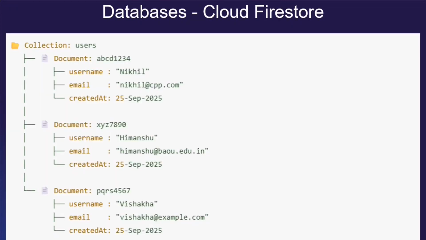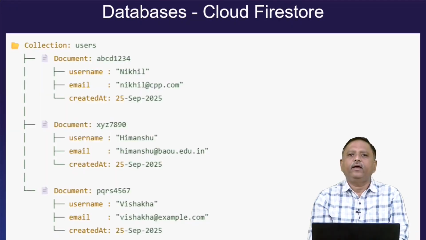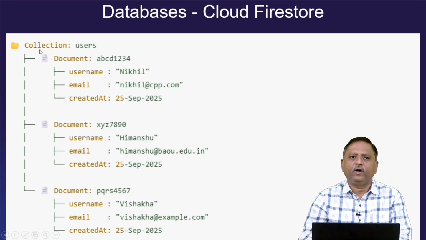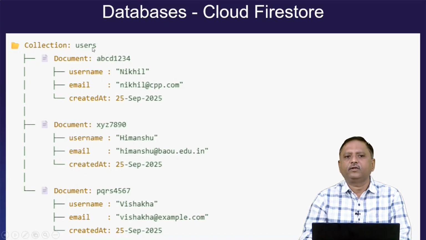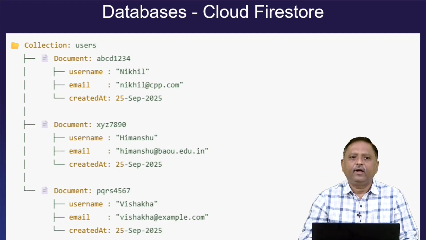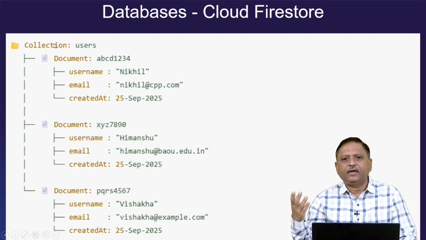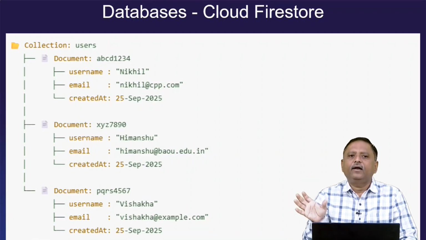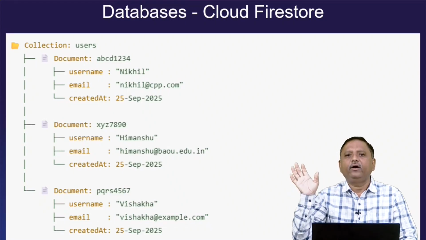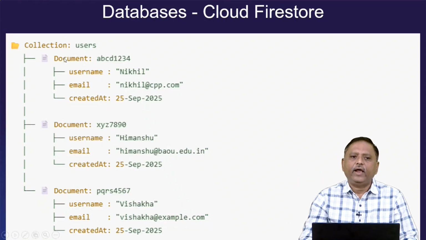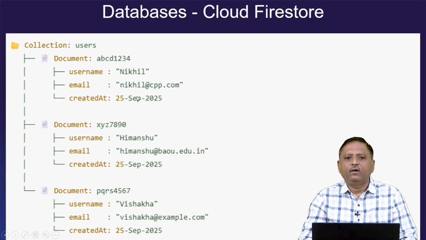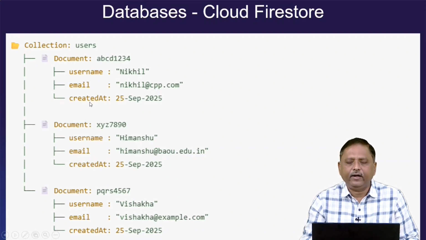Now, let us understand through an example. Here on screen, if you follow the mouse pointer, we have the collection users. So, the top object is a collection, and its name is users. Now, as we discussed earlier, a collection contains multiple documents. So, here we have a document with some ID and below that we have fields like username, email and created at.